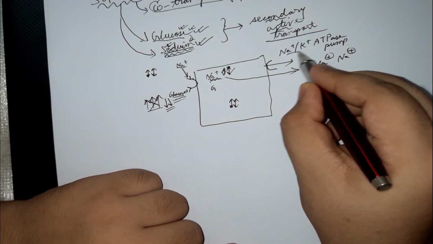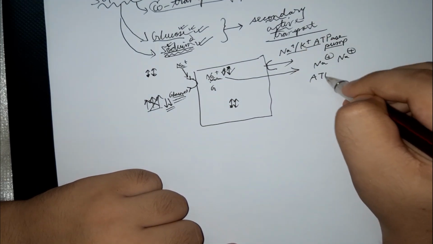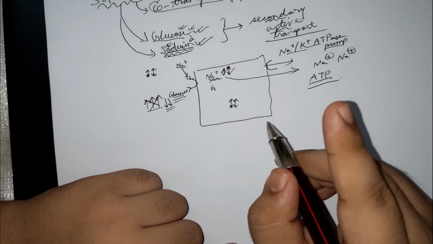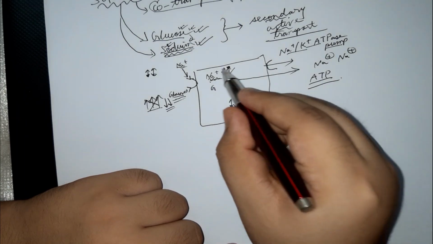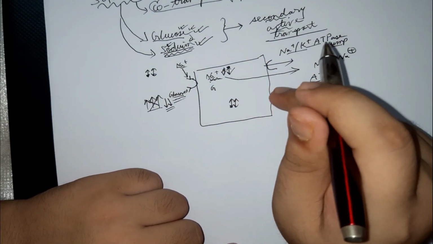This pump will utilize ATP, hydrolyze ATP. This will require energy, because now you're carrying sodium from inside the cell to outside the cell, which is against sodium's concentration gradient.